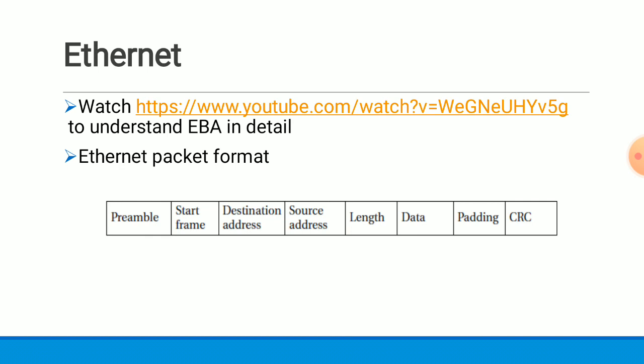The next field is either the type or length field, which is 2 bytes. Then the next field is the payload or actual data field, which can carry 46 to 1500 bytes of data.